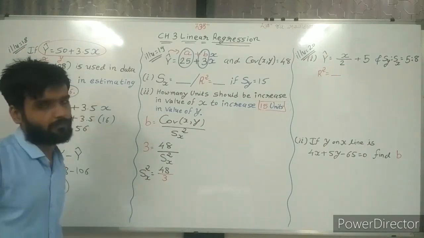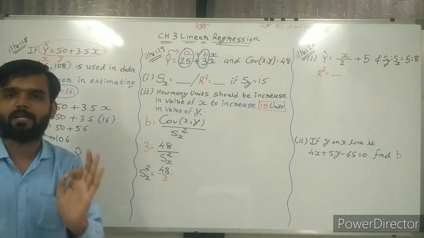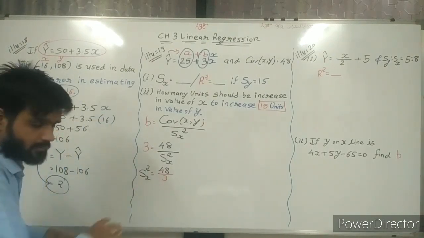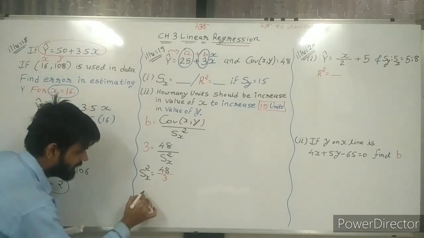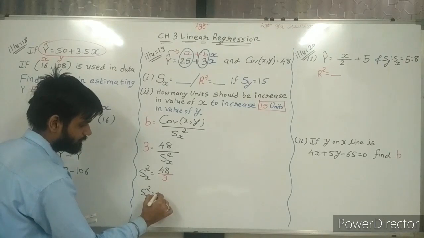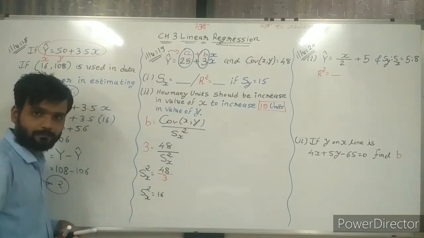If this is a doubt, it means your 7th, 8th, 9th standard is very poor. Now divide it. We are getting sx square is equal to 16.